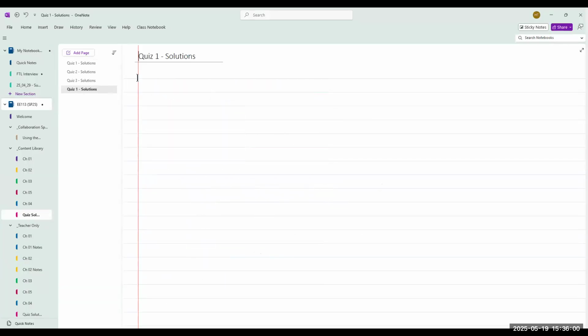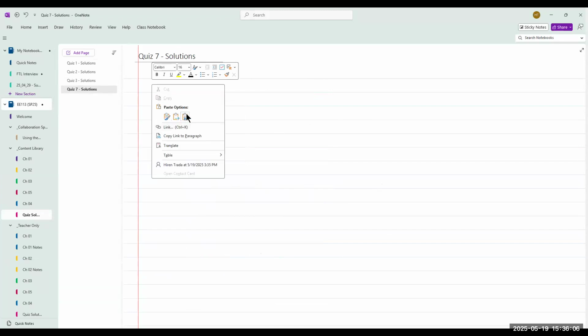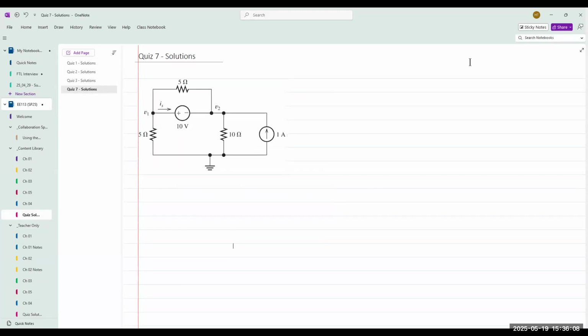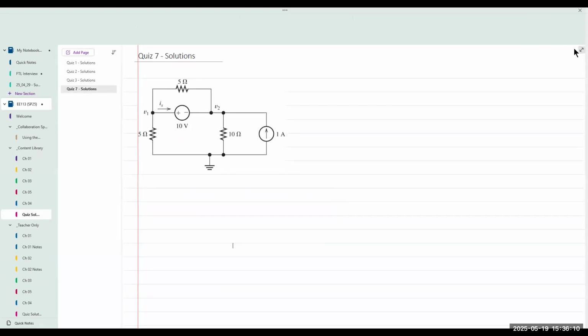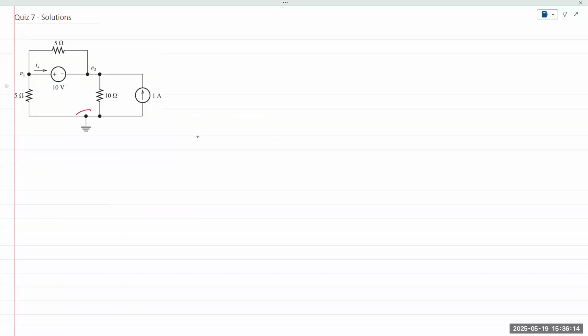New and add a page. So this is shown right here at the bottom, right?